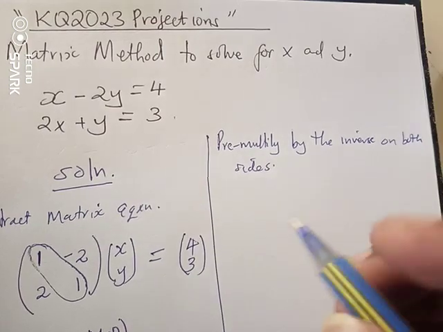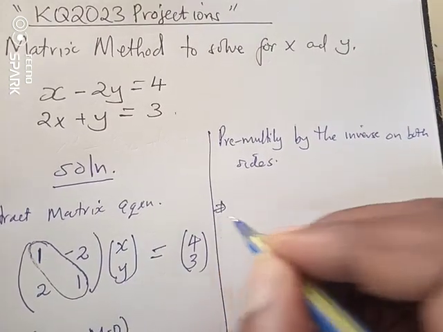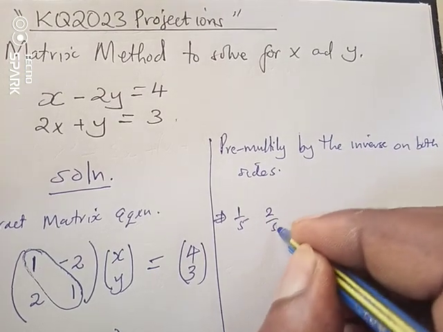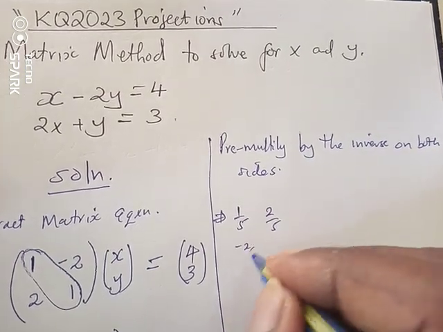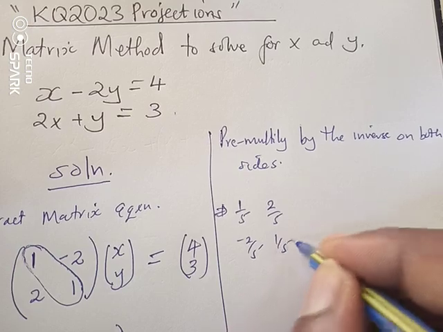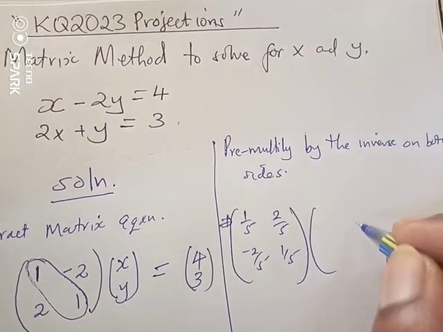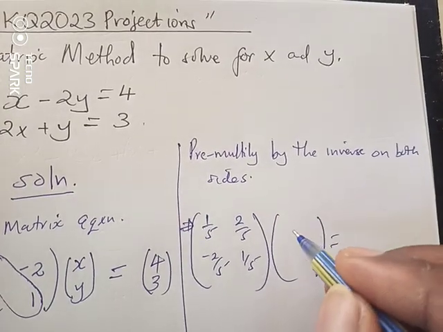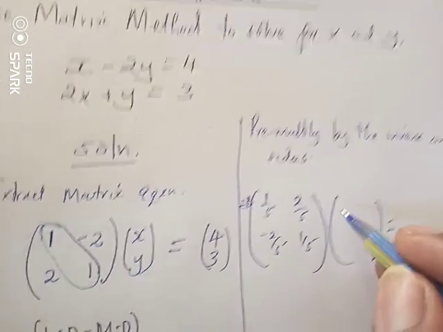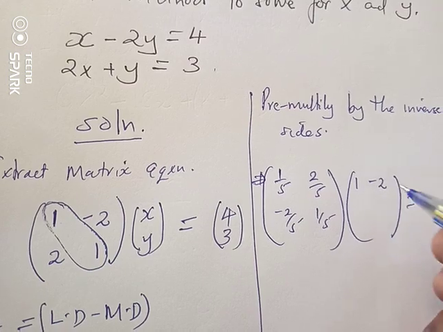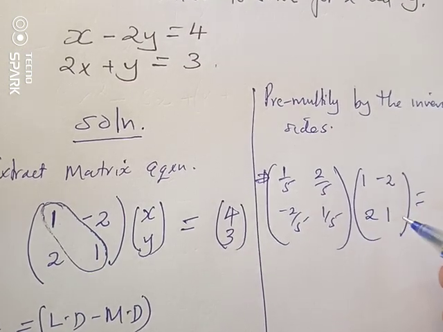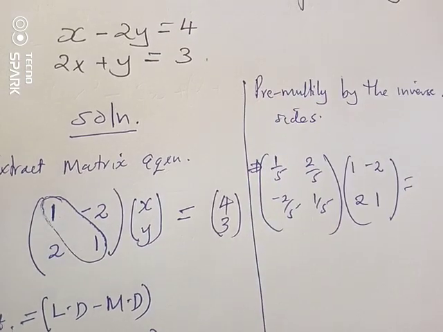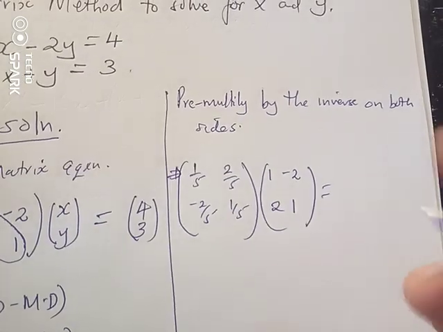So what will I have? I'm pre-multiplying, so my 1 over 5, the inverse matrix that is, by the original matrix. My original matrix was 1, negative 2, 2 and 1, by x y.